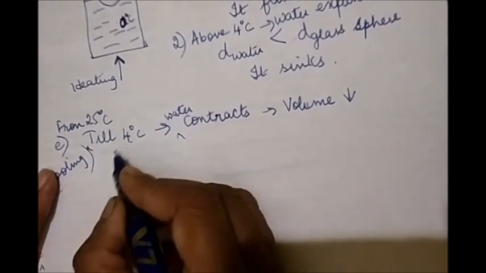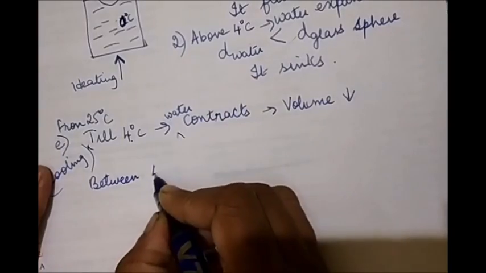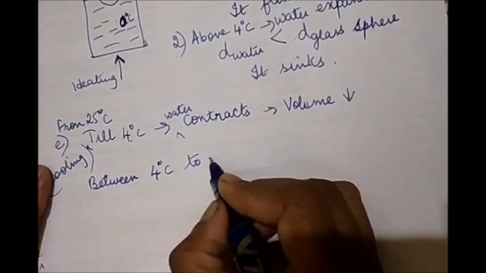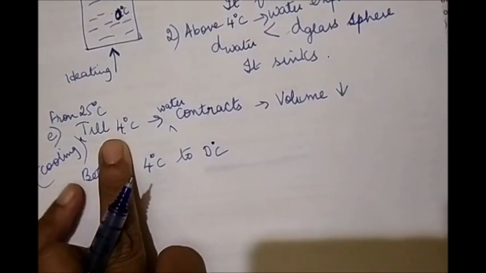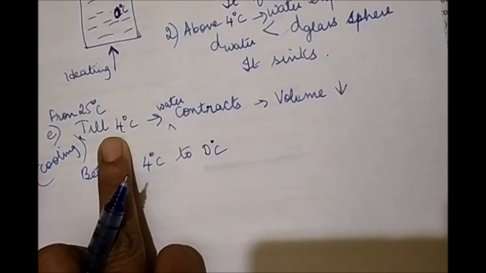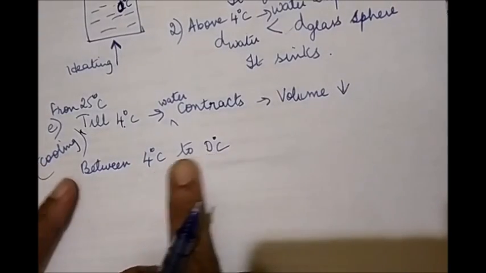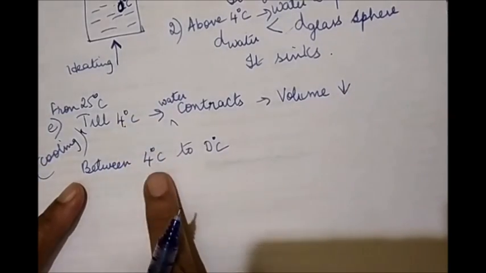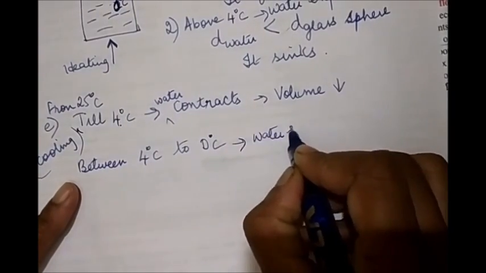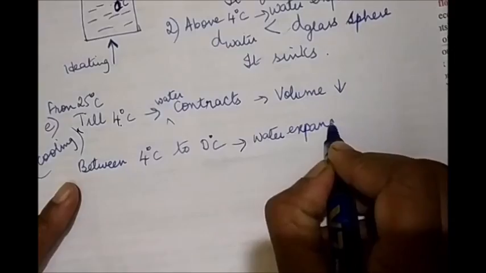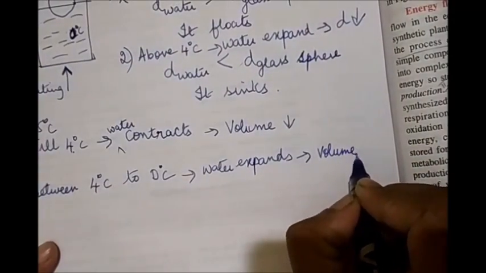Now, between 4 and 0, below 4 until 0, because the fridge temperature will be at 0 or less than 0 degrees Celsius, so it has to reach that temperature. Once the temperature goes below 4, water will start expanding, and so its volume will increase.